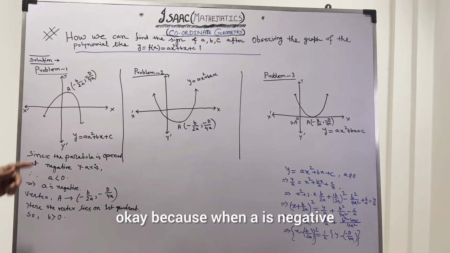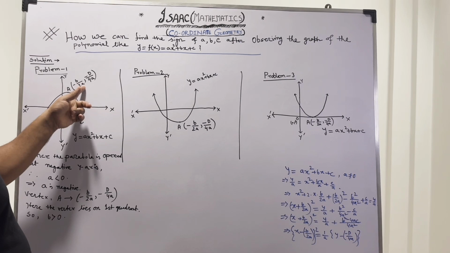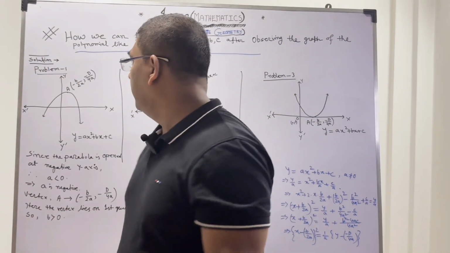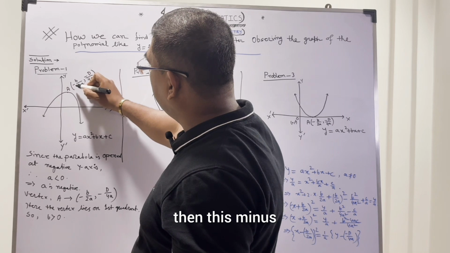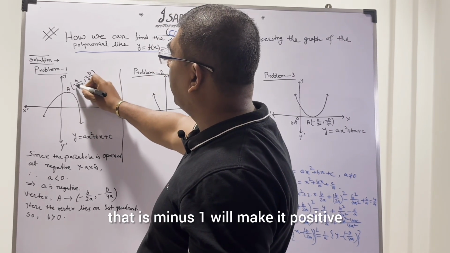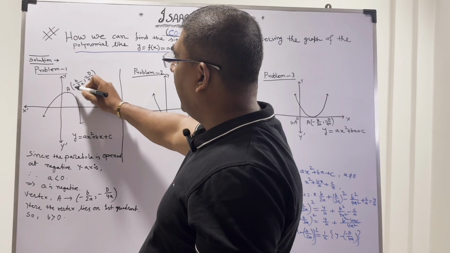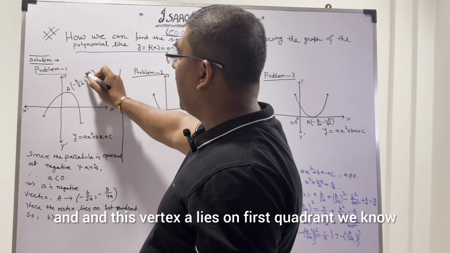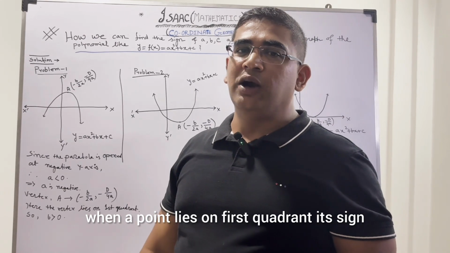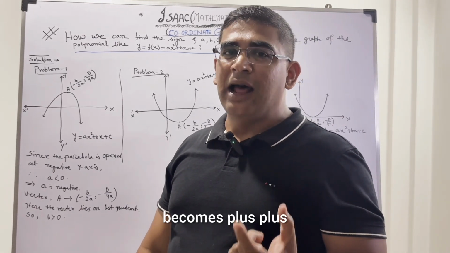Okay, because when a is negative, that means if we choose a equals minus 1, then this minus and the value of a, that is minus 1, will make it positive, and this vertex lies on the first quadrant. We know when a point lies on the first quadrant, its sign becomes plus plus.